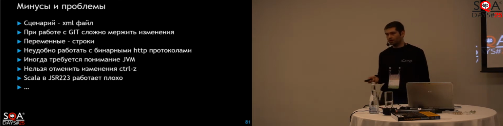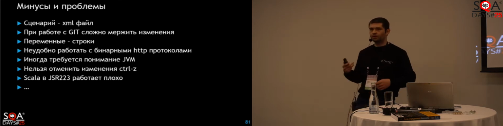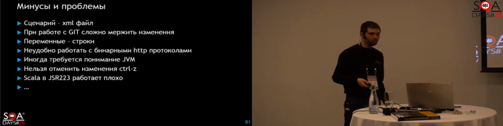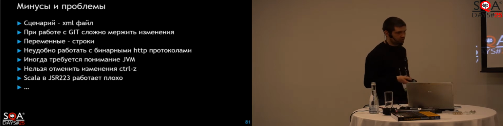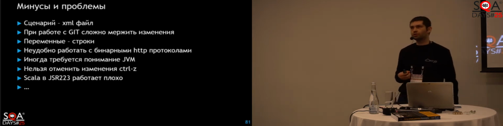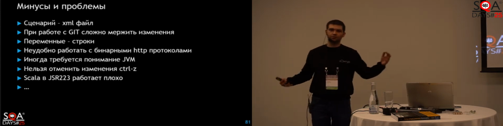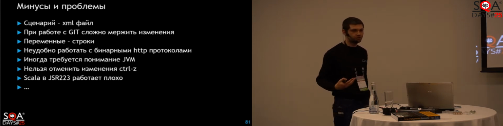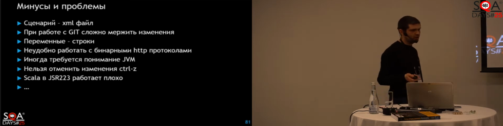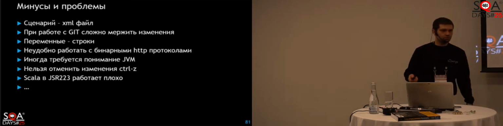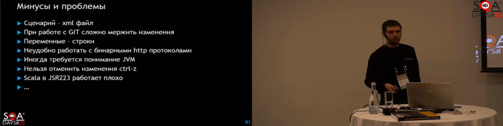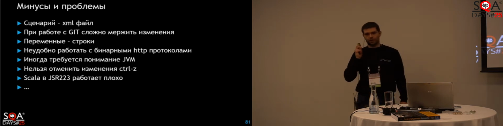It's not convenient to work with binary HTTP protocols. For some cases, you need to understand the limitations of the JVM, the differences between JVM versions. It's not really a problem, but sometimes you need to Google it.